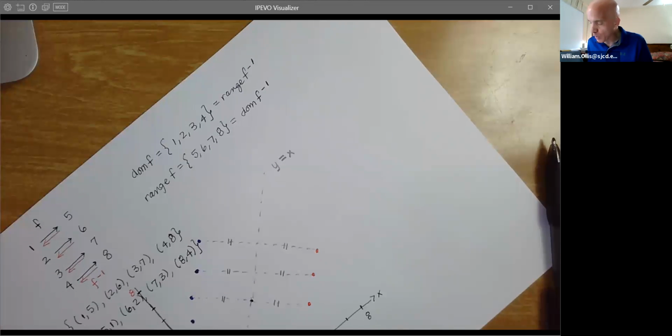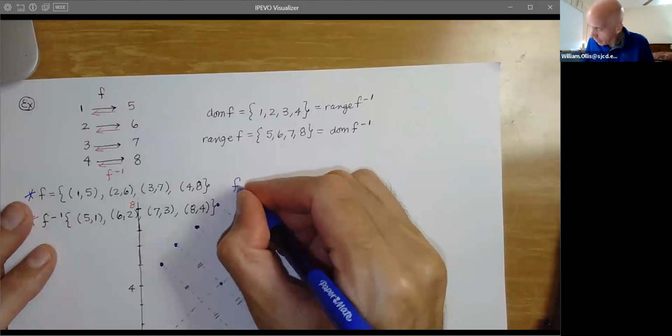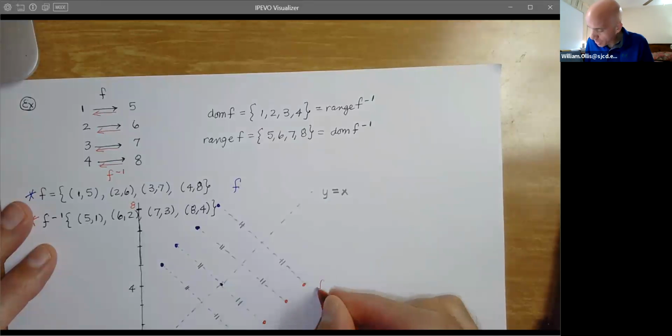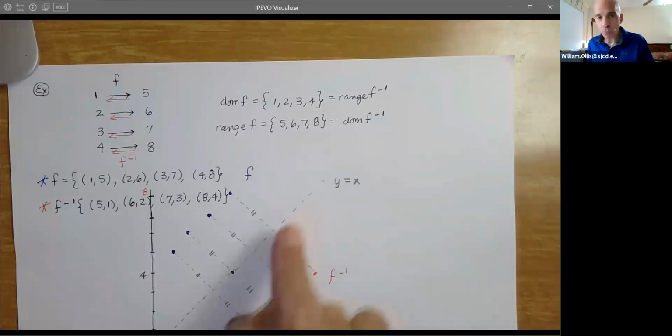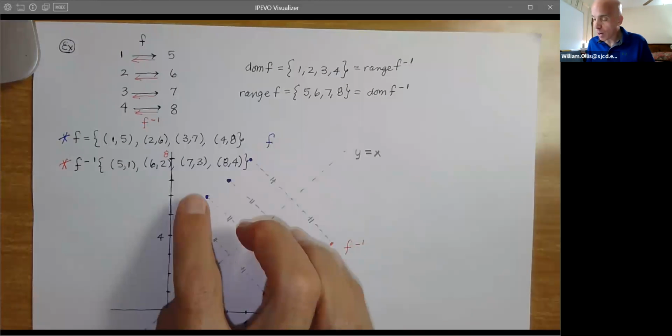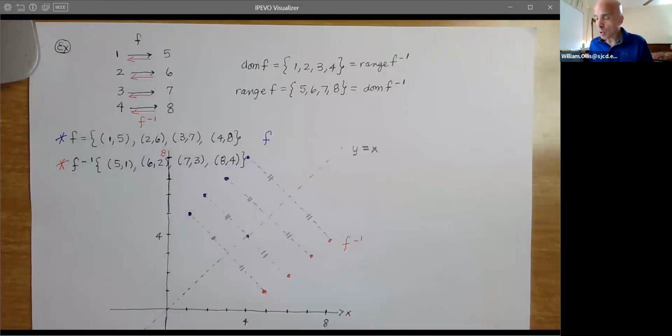Now, of course, if you use a different scale on the different axes, then it's a lot harder to see the symmetry. But that happens too. So indeed, when we graph F here and we graph F inverse here, we see symmetry in the line y equal x. That is, the graphs are symmetric in the line y equal x. So one determines the other.